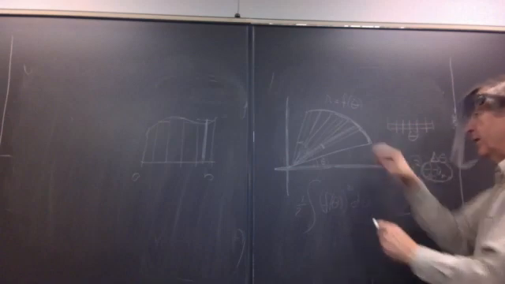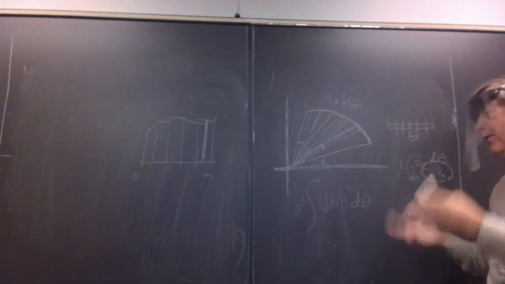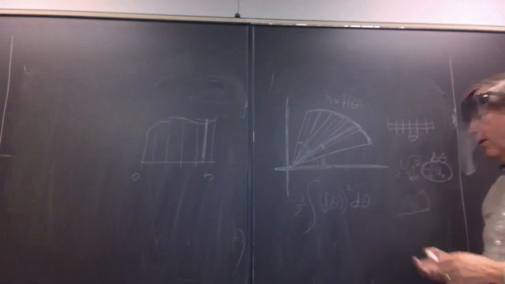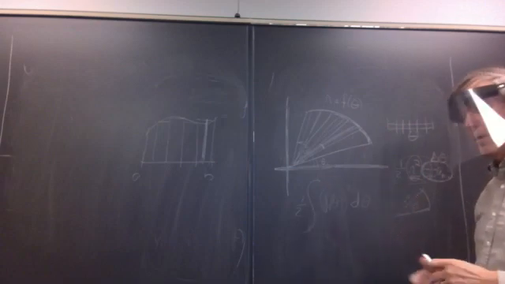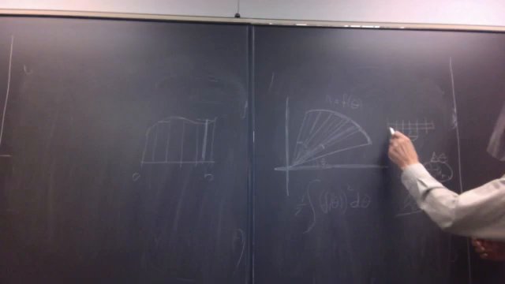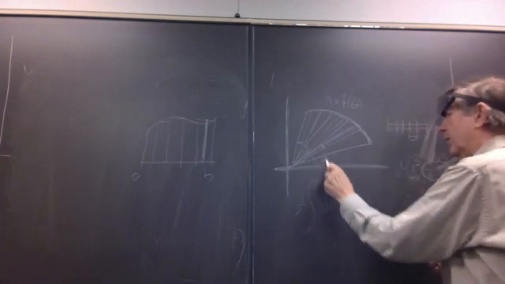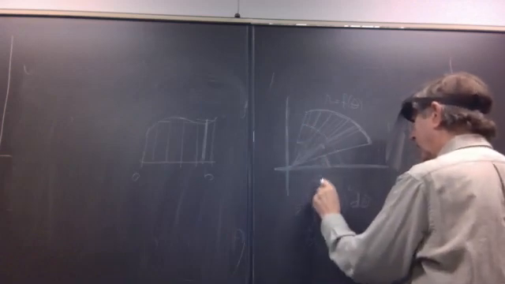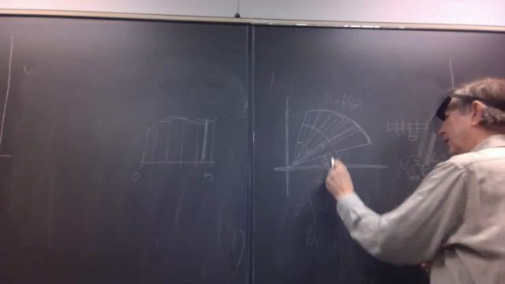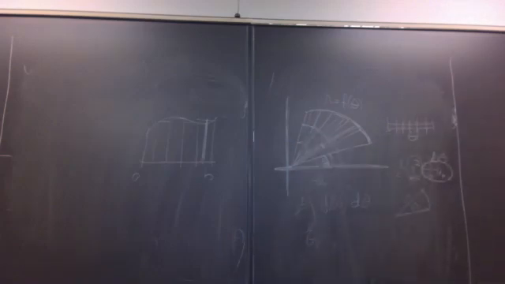And the delta theta, the difference in angles, becomes the d theta, again, in developing the formula. And the only problem is this is an indefinite integral. There's no endpoints here. We've got to put endpoints. The endpoints are whatever the endpoints are here, and that means the first angle and the last angle. So this would be like theta 1 and theta 2 if one is the least and the other is the most. So this is the formula for the area of a polar region.